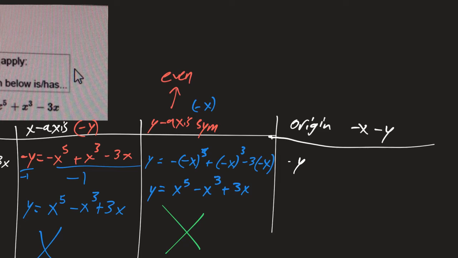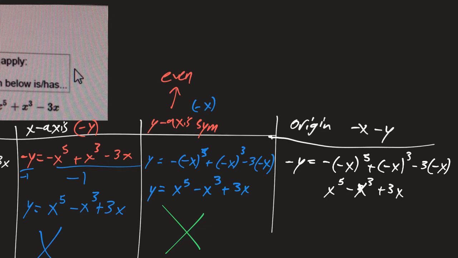Negative y equals negative x to the fifth plus negative x cubed minus 3 negative x. We'll start simplifying the right side, the one that's kind of bigger. x to the fifth minus x cubed plus 3x, and I've still got negative y over here on the left.